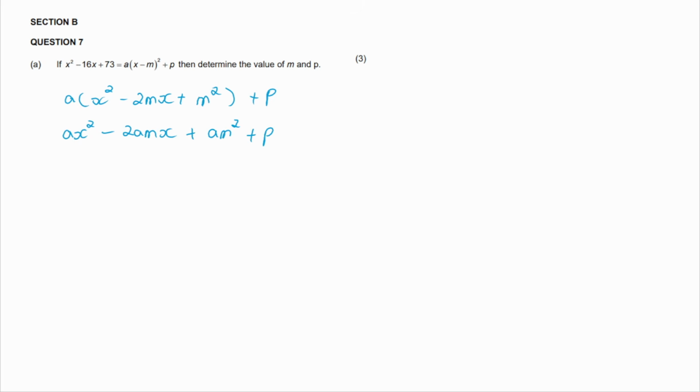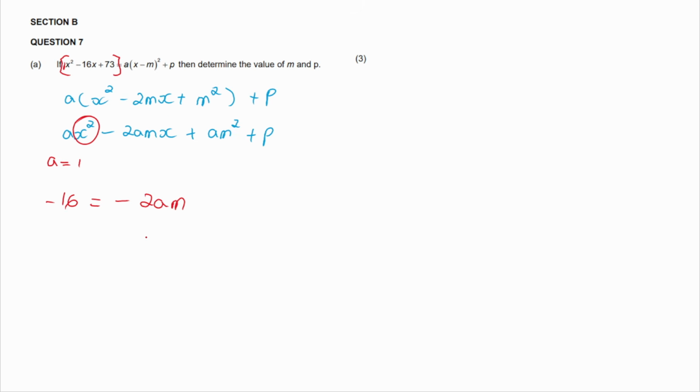So what we do now is we compare to the left and we look at coefficients. Here we have x squared and there we have x squared, so we know that a is equal to 1, because we're comparing coefficients. Then we also have negative 16 in front of the x, and here we have 2am in front of the x.